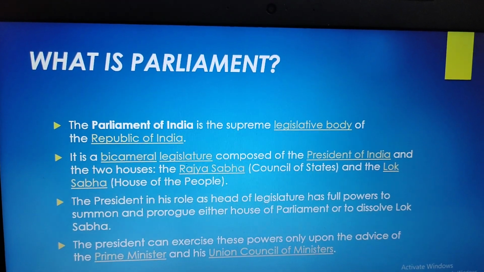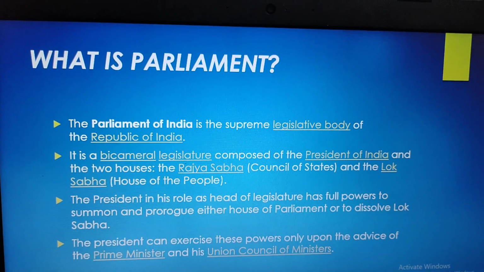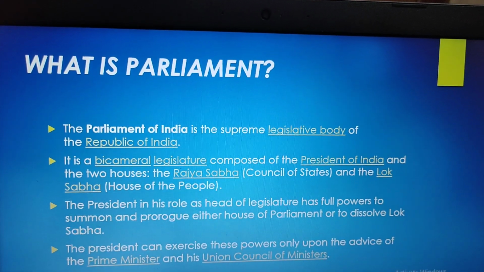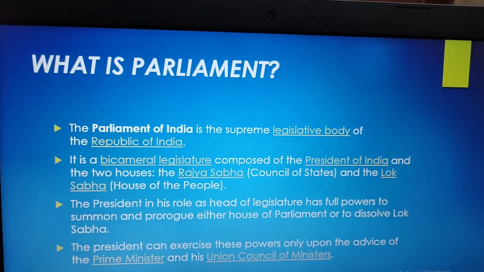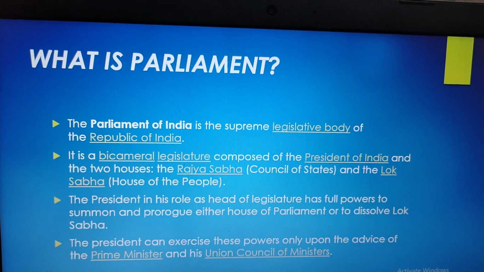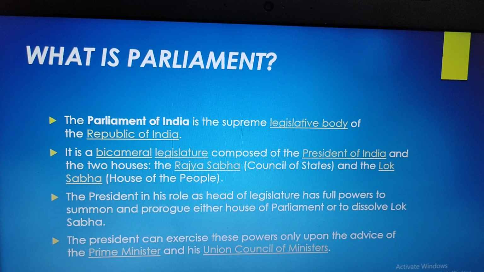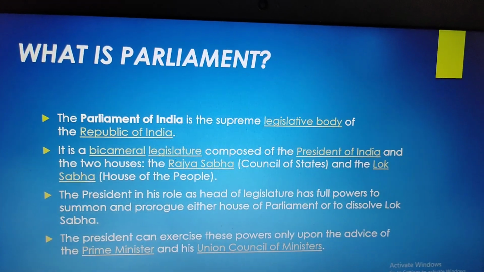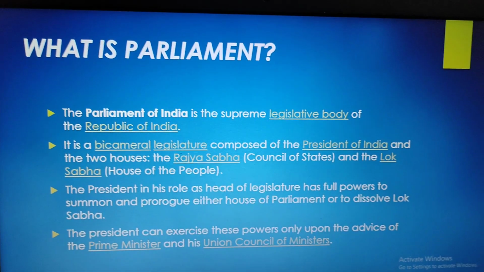The President, in his role as head of legislature, has full powers to summon and prorogue either House of Parliament or to dissolve Lok Sabha. The President can exercise these powers only upon the advice of the Prime Minister and his Union Council of Ministers.